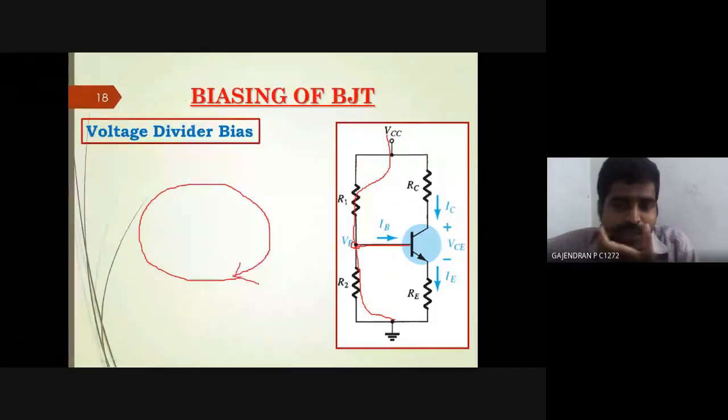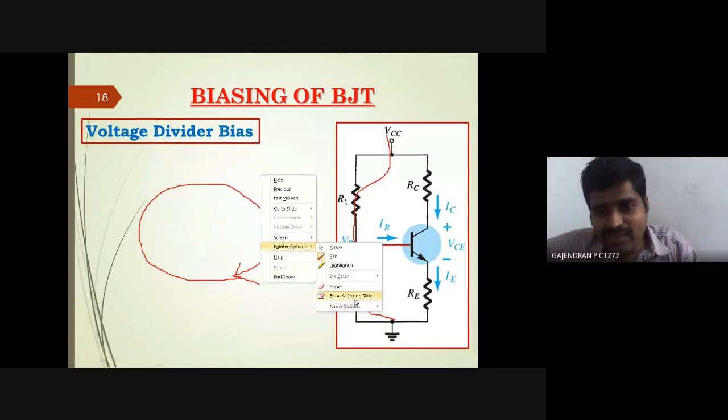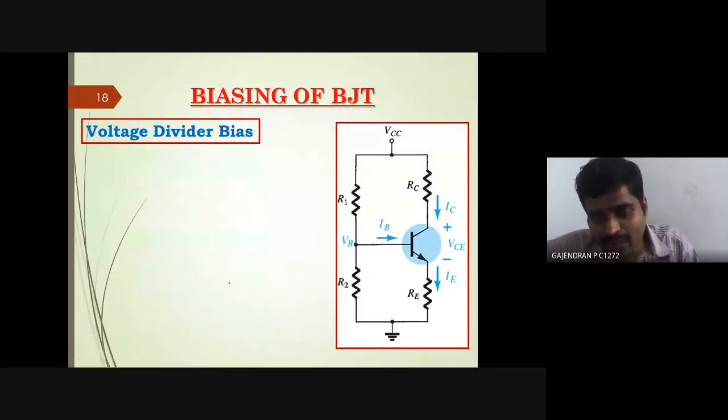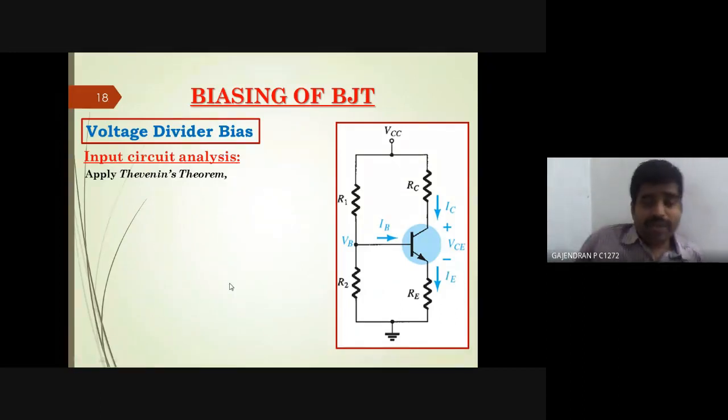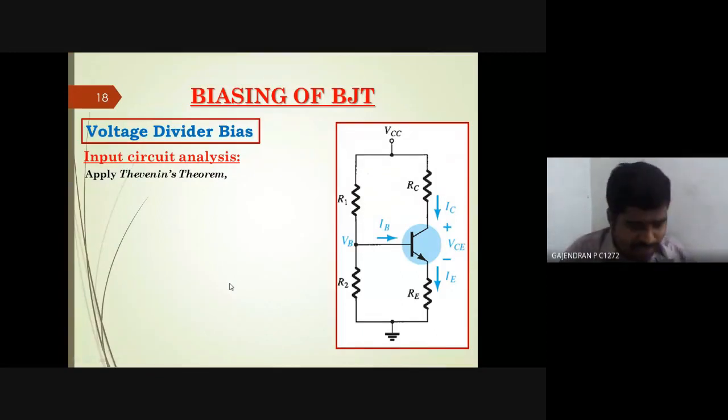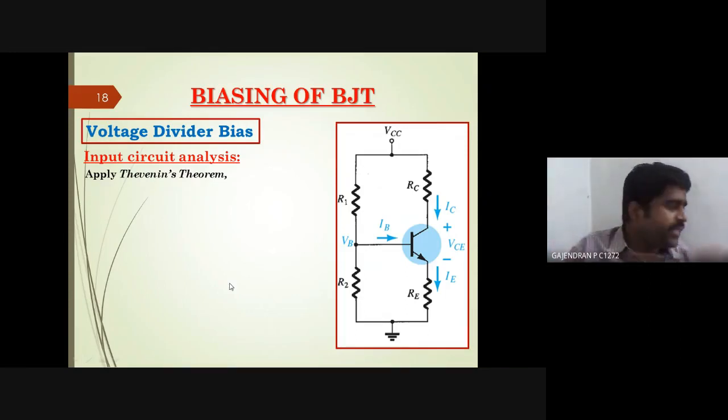So for that purpose, we are going to do one small thing. We are going to get assistance from the scientist called Thevenin. You would not have studied this. Thevenin will give you a hint on how to convert a little complex circuit into a simple circuit.